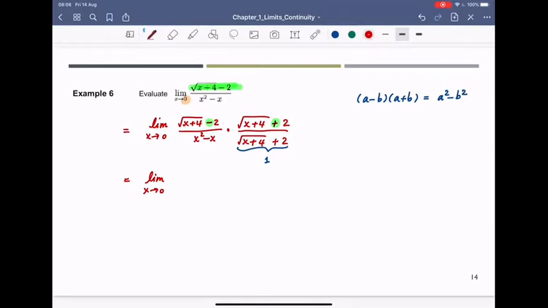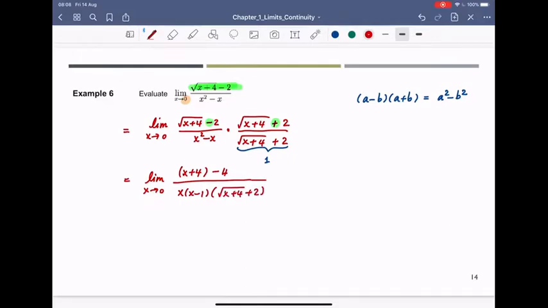Your square root of x plus 4 multiplied twice gives you x plus 4, and your negative 2 and plus 2 multiply to give you negative 4. And then on the bottom, I have x squared minus x, which I can factor to be x times (x minus 1), and then this is times (square root of x plus 4, plus 2).